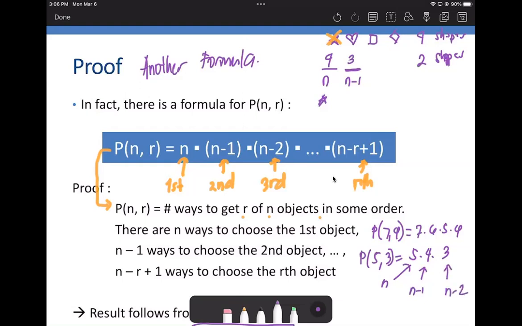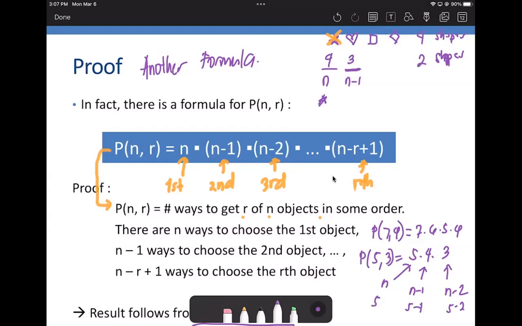So n is 5, n minus 1 is 5 minus 1, which is 4, and this one is 5 minus 2, which is 3. Did you get it?